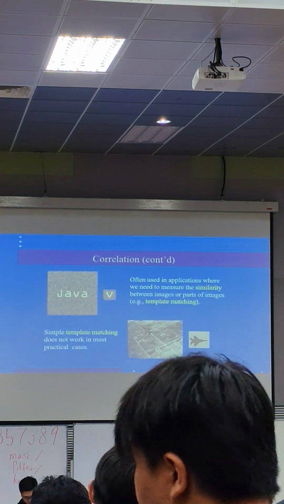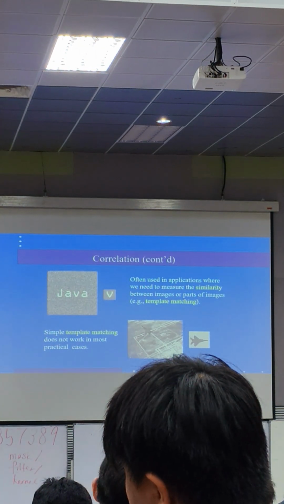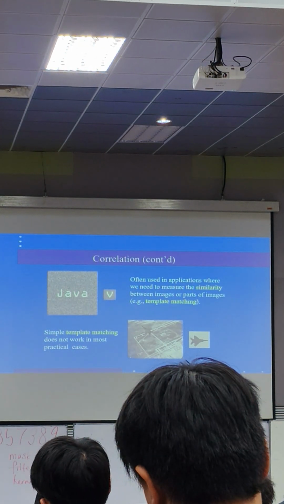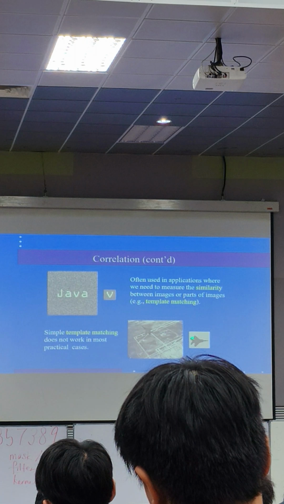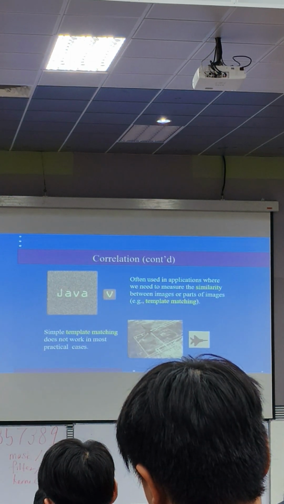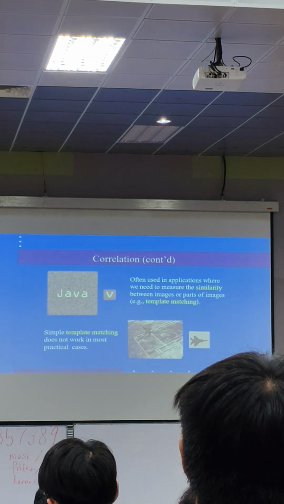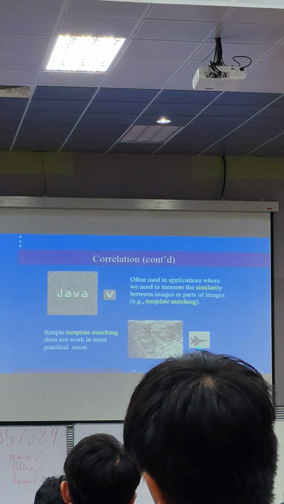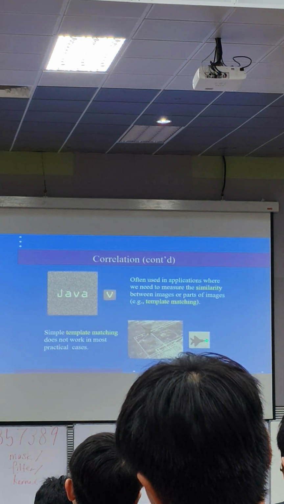Not possible. So if you are the one to do this, what would you propose? We ask the system to find this, but the orientation is different. What can we do? Even though the user asks us to find this, no worry.